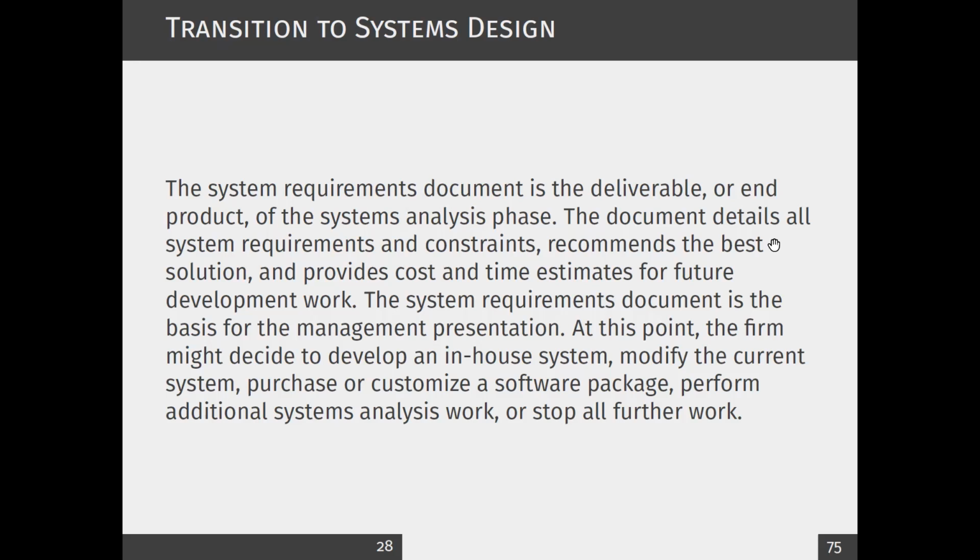Right. So this will be the starting point, right? And at that point, the organization can decide whether you are going to have an in-house system, or you are going to change the current system, or whether you are going to get customized packages, or whether you are going to do additional system analysis work and so on.